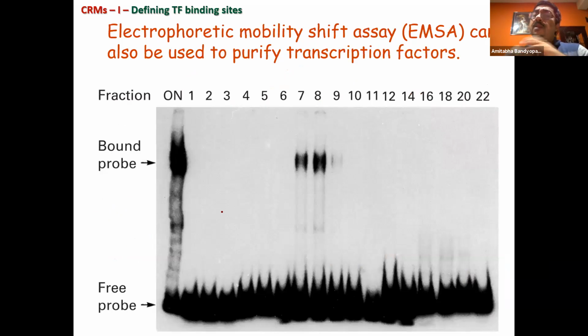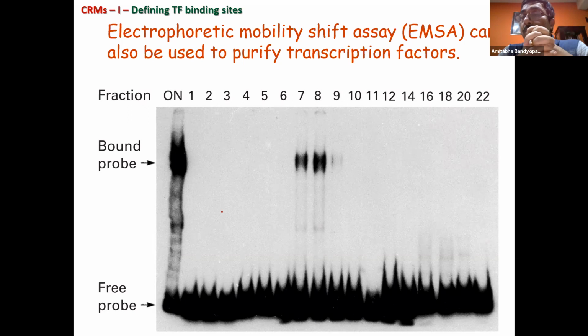But if there is a reason for you to suspect that a particular piece of DNA is an enhancer, let's take the example of TAC6 in lens, say you know the enhancer sequence. You want to know what transcription factors are regulating expression of TAC6 in lens.